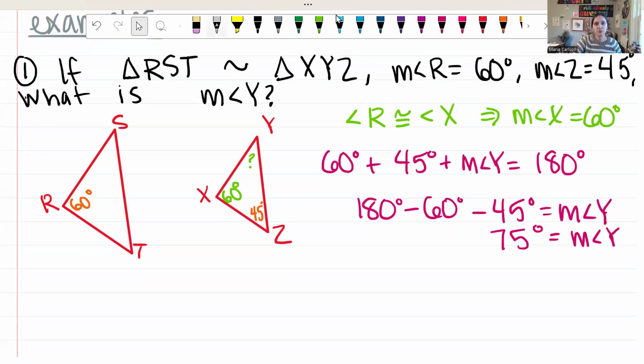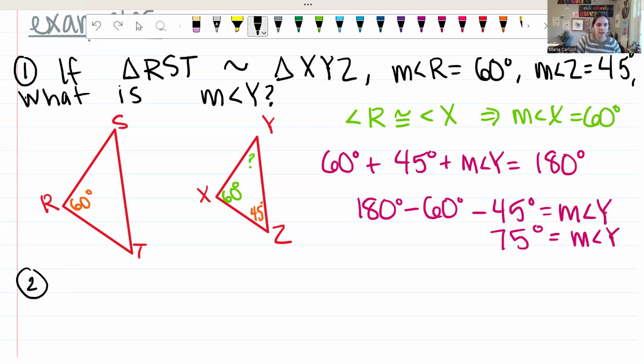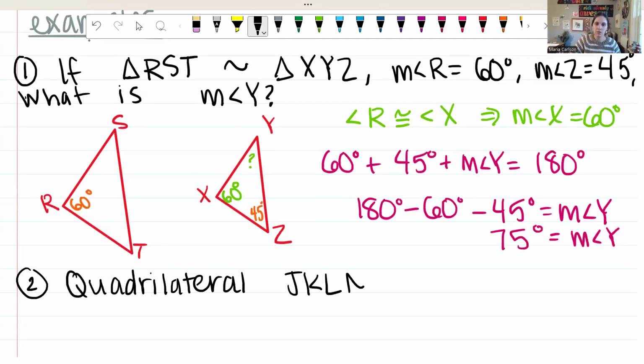All right, number 2. Quadrilateral JKLM is similar to quadrilateral MNOP.